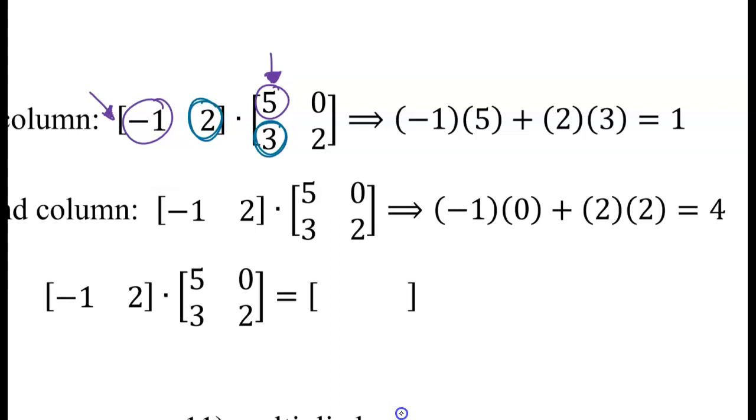So -1 times 5 is -5 plus 2 times 3, which is 6. We get 1. And what this gave us was our number in the first row, first column of our resulting matrix, 1. This is position C11.